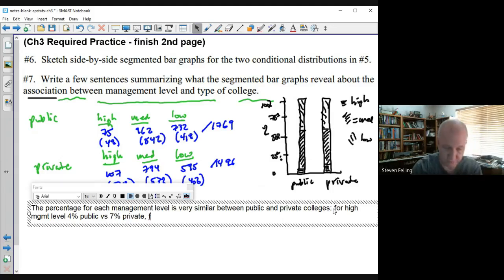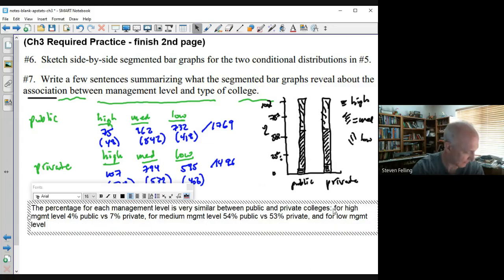And then I'll say for medium management level, 54% public versus 53% private. And for low management level, 41% public versus 40% private.